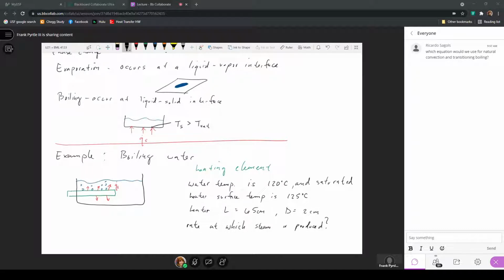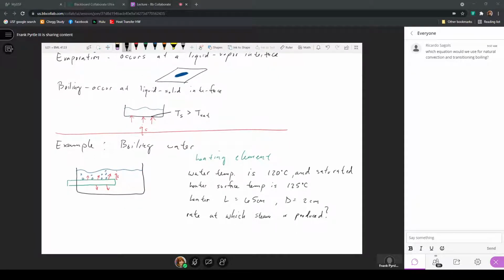We definitely will need to find out what the heat flux is, because the rate at which steam is produced, this steam production, is basically just a mass flow rate, where this mass flow rate is just the rate at which liquid water will be converted into vapor. So we call that a mass flow rate.